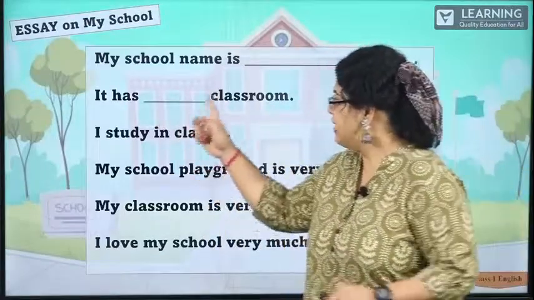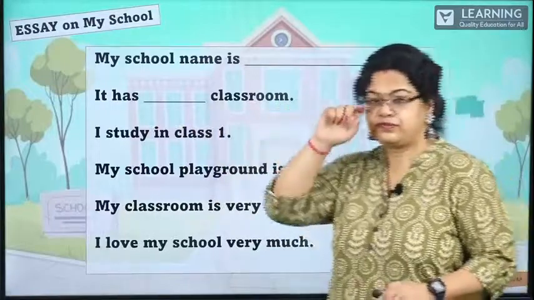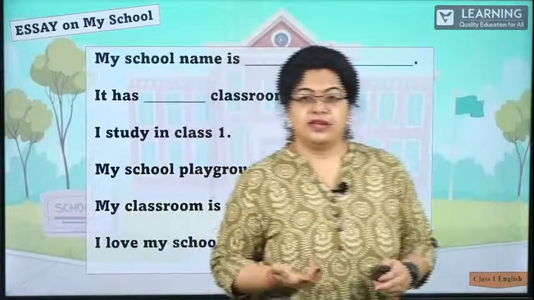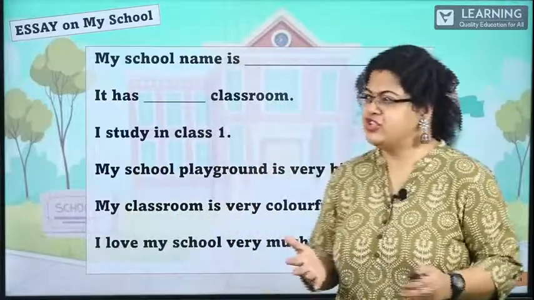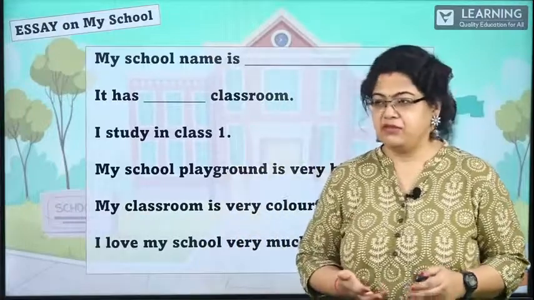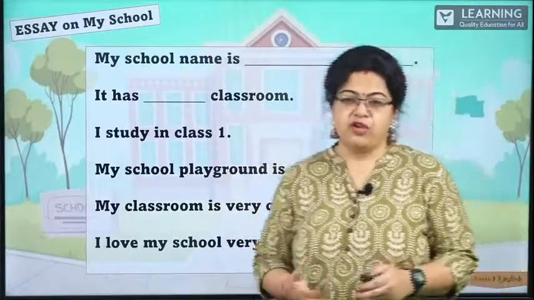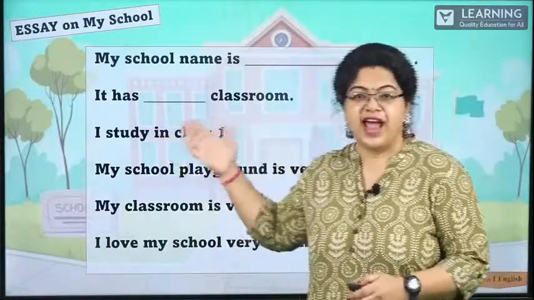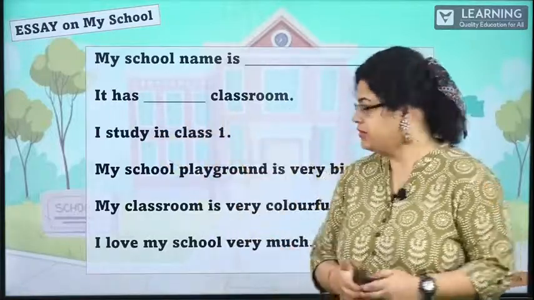It has dash classrooms. How many classrooms did it have? Okay, I mentioned something around 30 to 35. I don't remember the exact number. Maybe right now it must have grown bigger. So when I was in the school, it had around 30 to 35 classrooms.